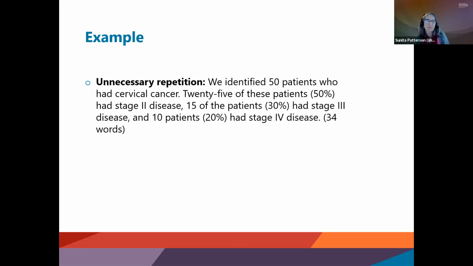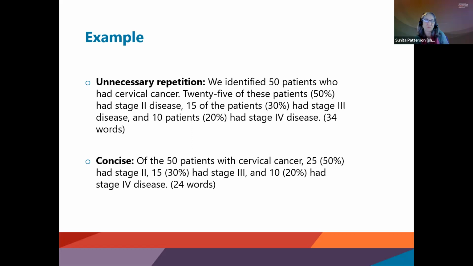I know I'm going a little fast through these, so feel free later to look at the slides and take them in a little bit more closely. This is another example where we can take out extra words. We've kept all of the data, but we've just eliminated extra words and combined ideas in a more concise fashion.